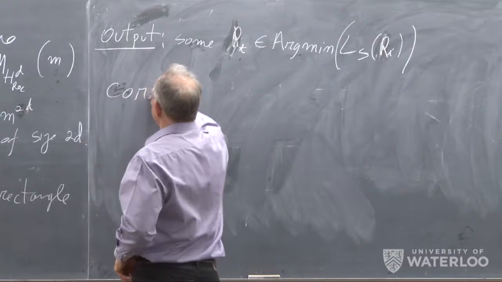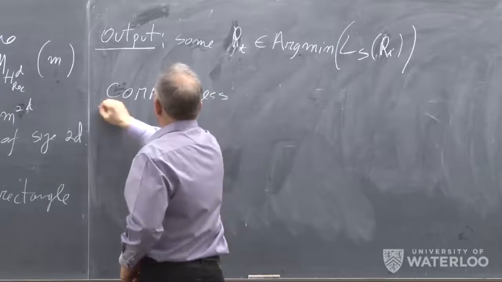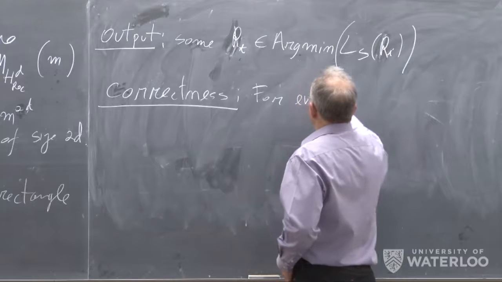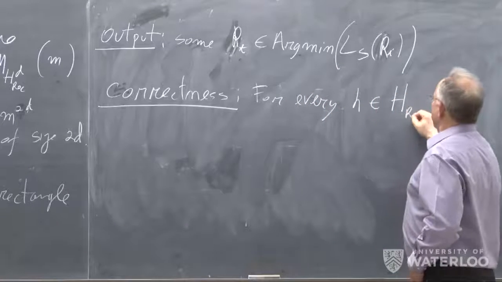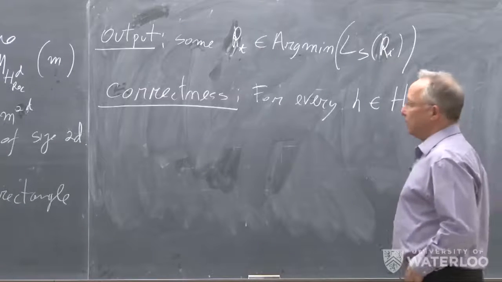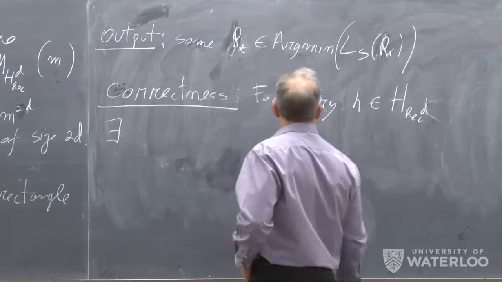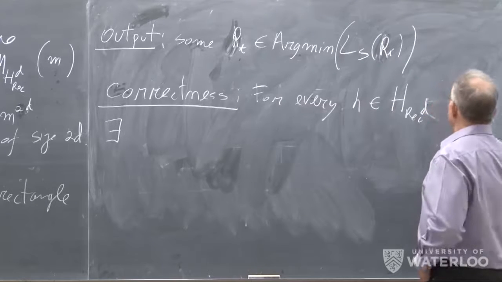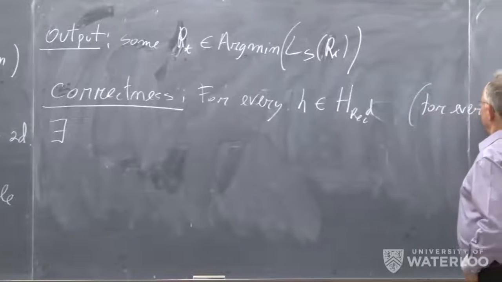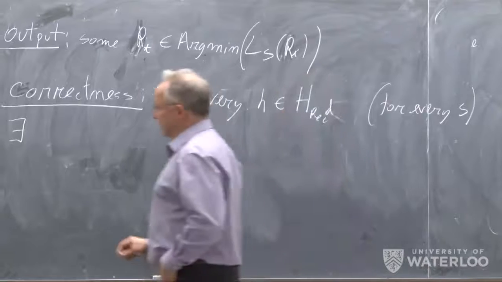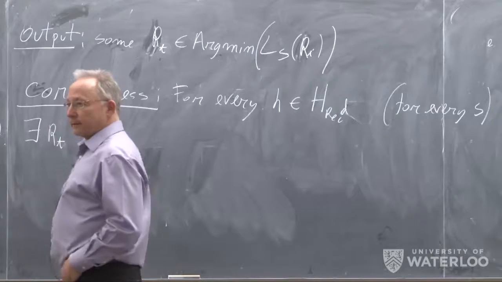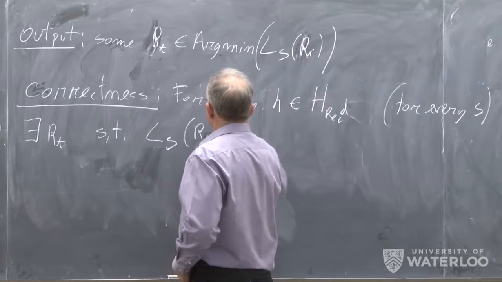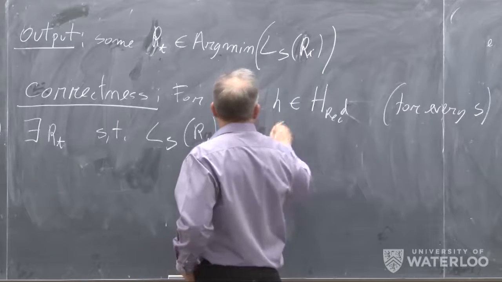So for correctness, all I'm saying is that for every h in my class of rectangles over dimension D, and this is for every S, there exists some R_t in my list such that L_S of R_t is less or equal L_S of this h.